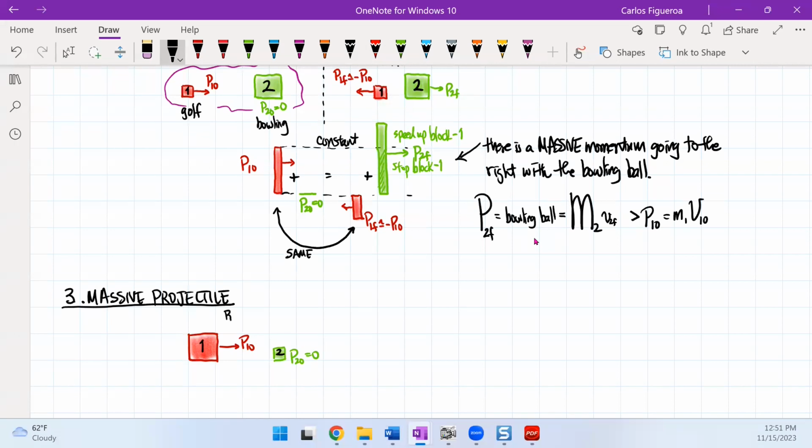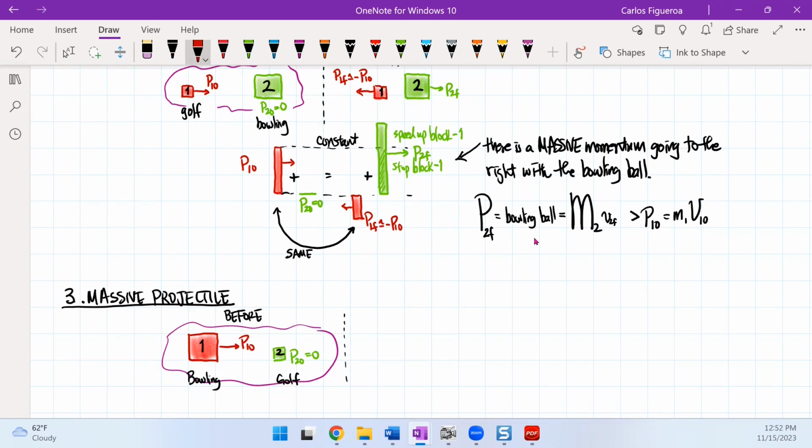So when I'm looking at my picture here, and I look at my system again, my system tells me, are there any other forces besides the collision forces? Again, this is the analogy of a bowling ball being thrown at a golf ball. So we expect that the bowling ball's not going to lose that much speed, right?